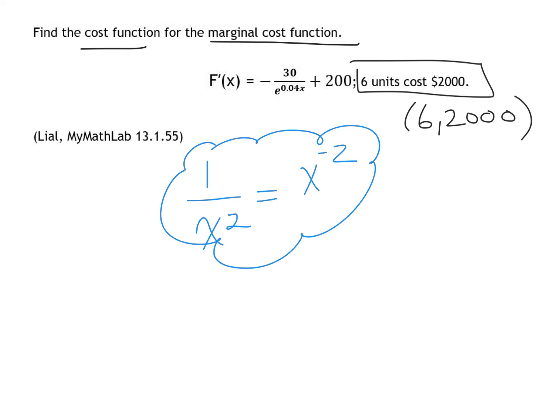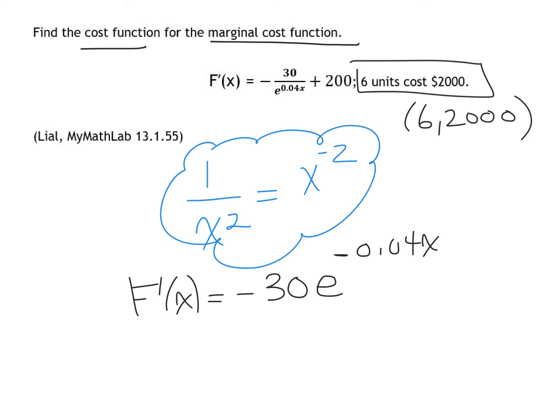Okay, so the first thing I would do is rewrite that derivative with that negative exponent. So e to the negative 0.04x, plus 200.